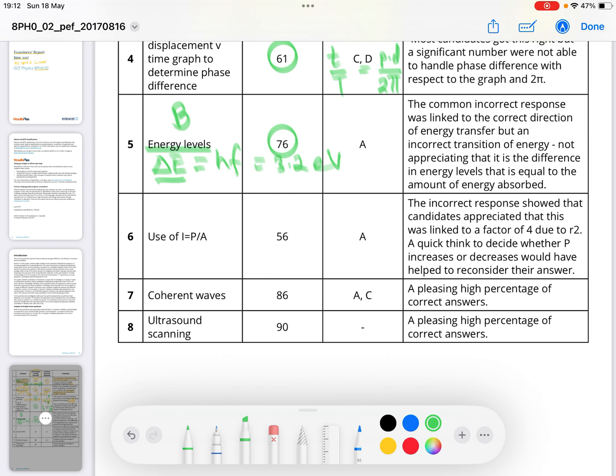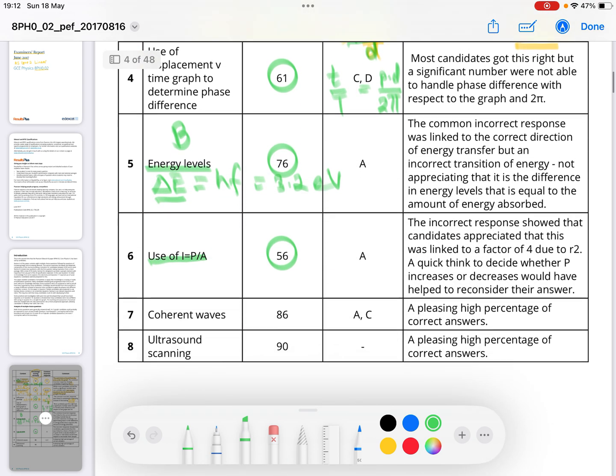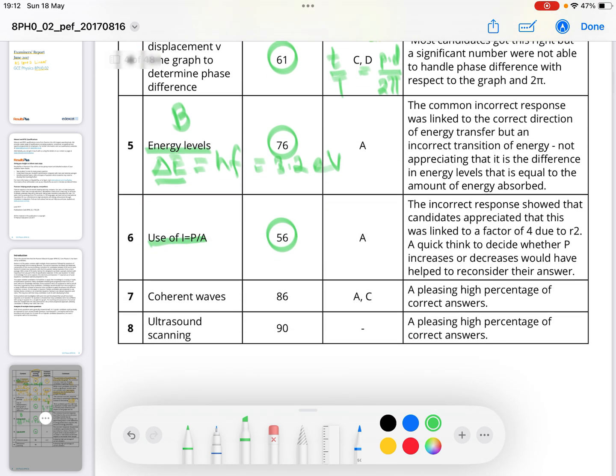All right, and then the next question, I actually made a mistake myself when I first looked at it. If you read the question, this one only 56% got it right, and that's the equal lowest in terms of the multiple choice questions. The incorrect response showed that candidates appreciated that this was linked to a factor of 4, but they got it the wrong way round, okay?